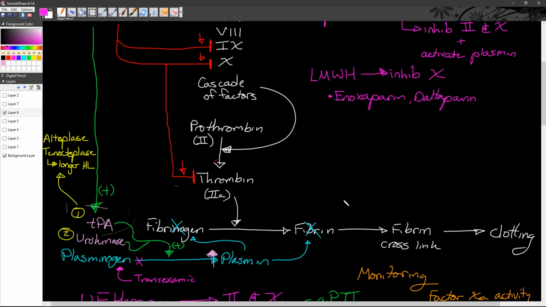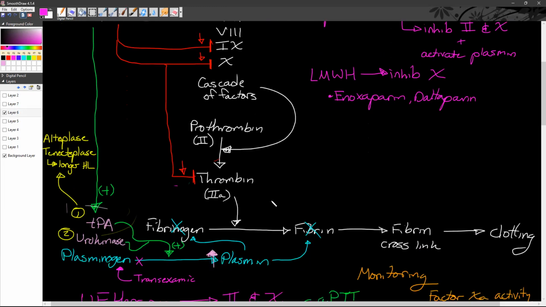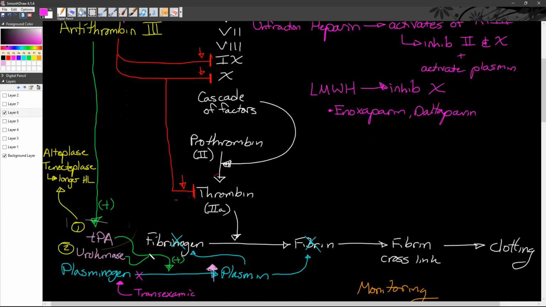So their role is to prevent the breakdown of fibrin. They do not work anywhere in the coagulation cascade. So if you get a question about which coagulation factor tranexamic acid works on, none of them. It does not work on any of the coagulation factors. It only works on plasminogen.